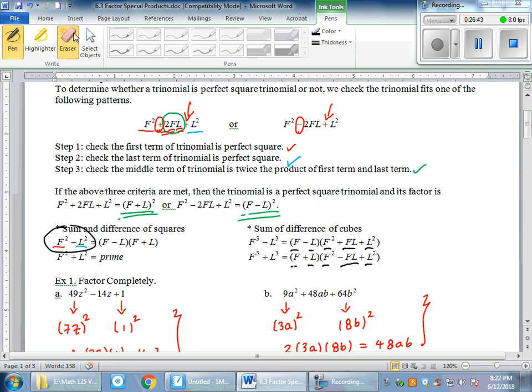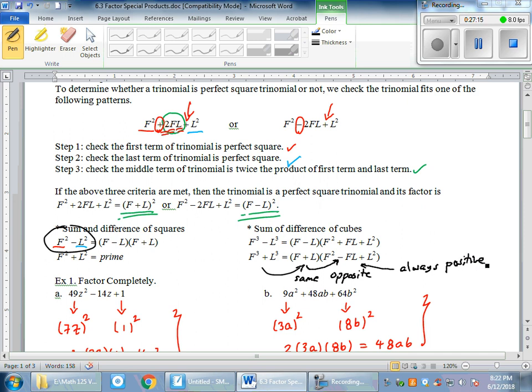So this is how you can remember your sign pattern. Your very first factor will always be the same as your original sign, and after that you will always have the opposite, and then the last one will always be positive.